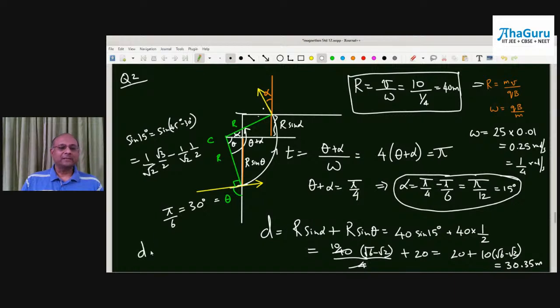You could have said D is equal to 40 times half plus sine 15 degrees. But since you're supposed to know how to calculate sine 15 degrees, people can expect you to get an answer 20 plus 10 times root 6 minus root 2. Okay, so if this was one of the options given, you should be able to get this. But of course, if you just look at this, you can write the answer as 20 plus 40 times sine 15.